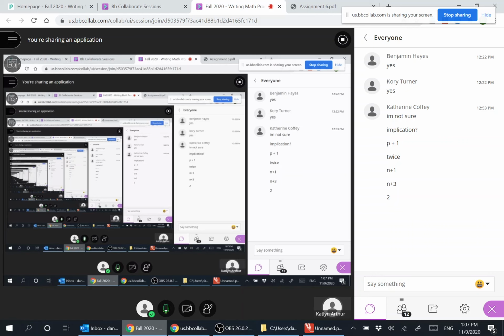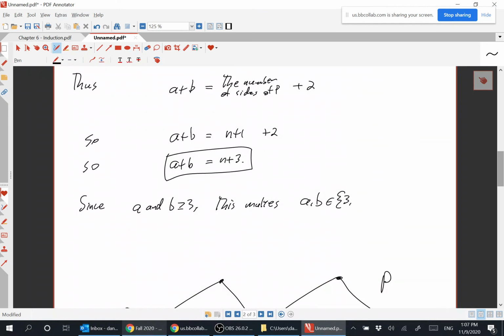If two people have together $10 and one guy has $4 in his pocket, then the other guy's got $6. So here we have A and B with n plus $3 in their pockets, but A has at least $3 and B has at least $3. So A and B at least is 3, and at most is what? By itself.